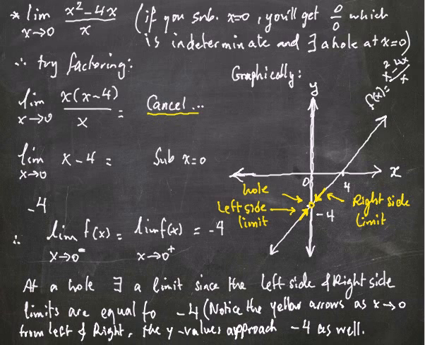Therefore, the left side limit, when x approaches 0 minus, will be equal to the right side limit when x approaches 0 plus, which is both equal to negative 4. And that will be, again, a review or another additional practice on factoring to find the limit.